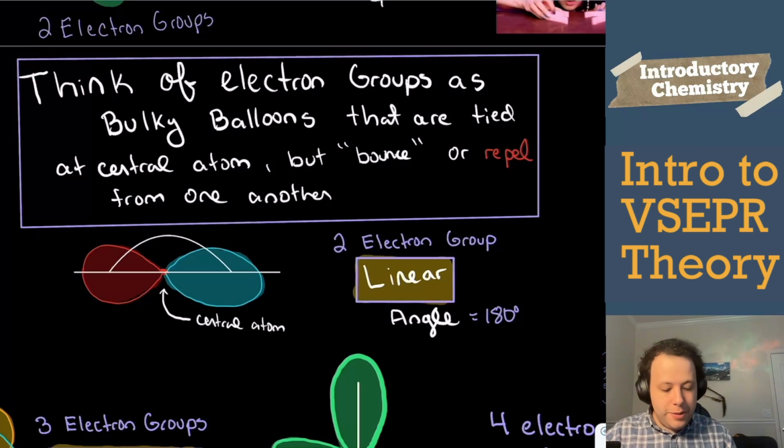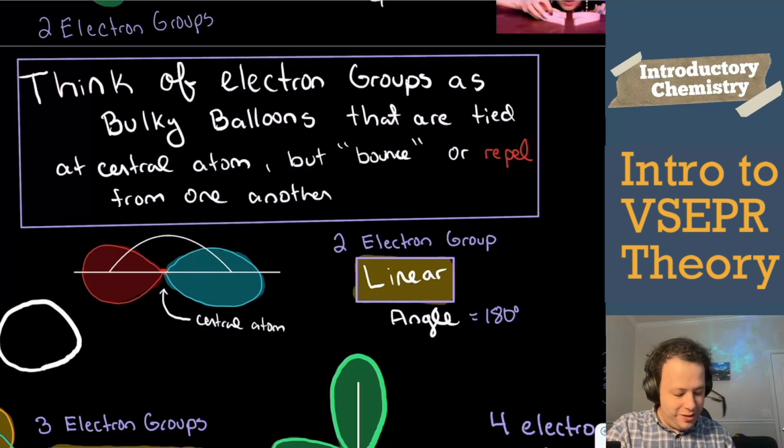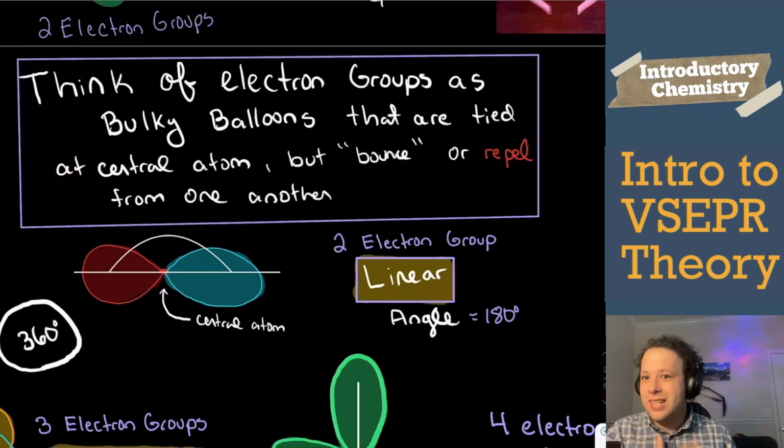So, if you think about a circle, which is a complete, perfect shape. If I were to draw that, what is the angle for how many degrees are in a circle? Wow, that did not draw well. So, if I have a circle, how many degrees are there around it? Well, there are 360 degrees. So that's that perfect shape.